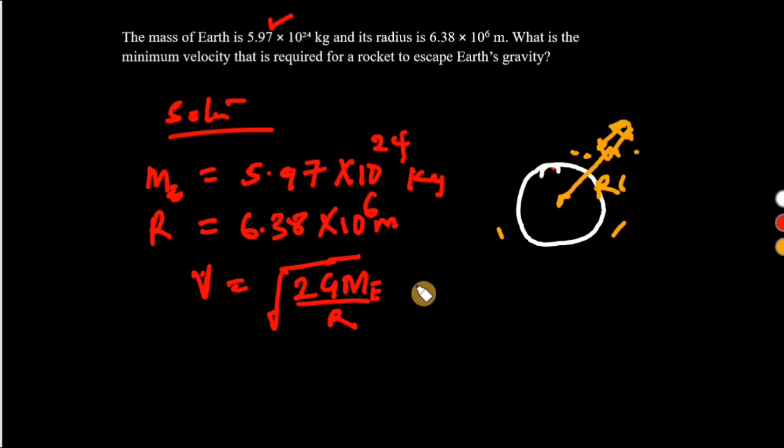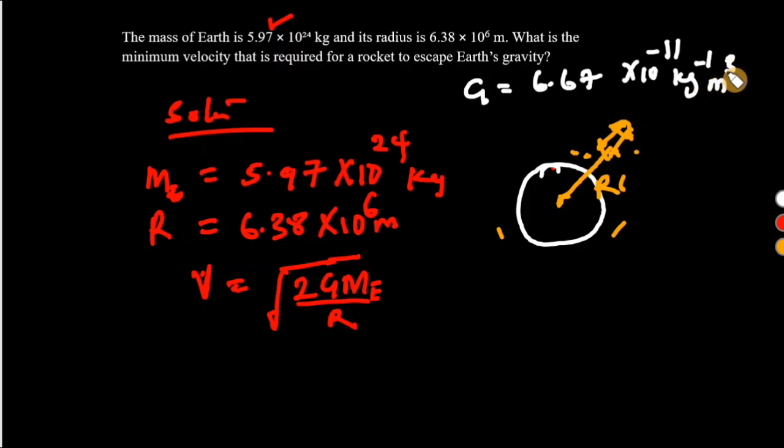G is a constant, called the universal gravitational constant, which is 6.67 times 10 to the power of minus 11 cubic meter per kilogram per second squared. Take note of this. So this is a constant.